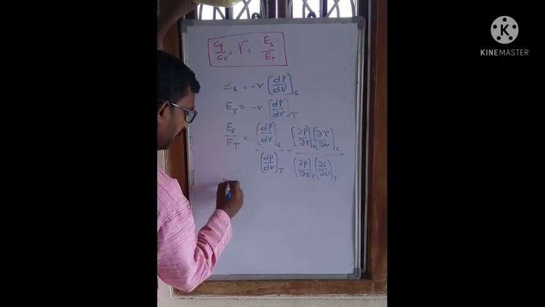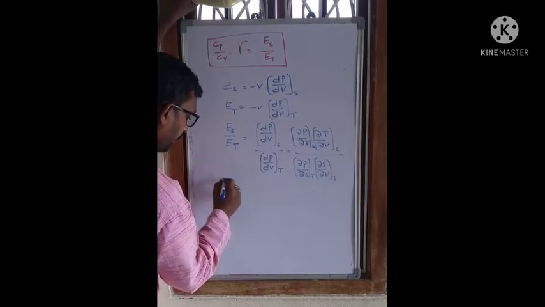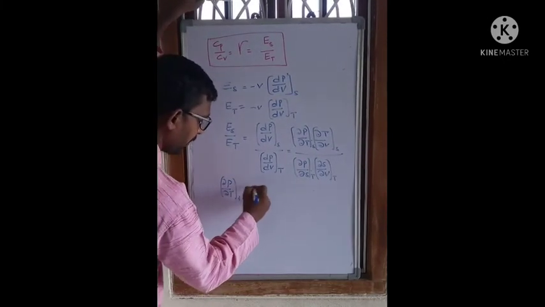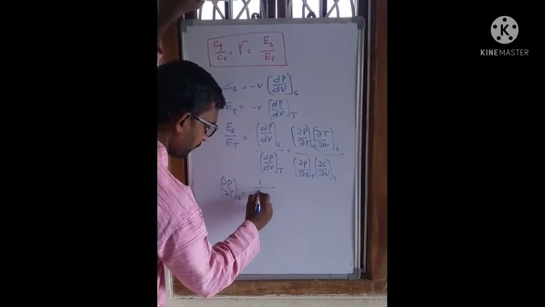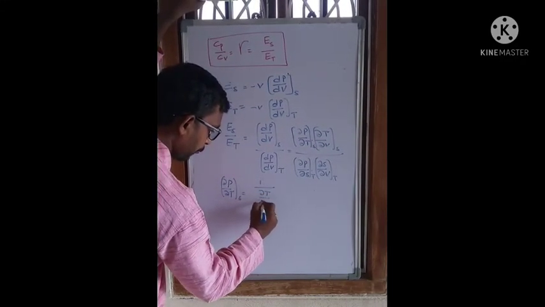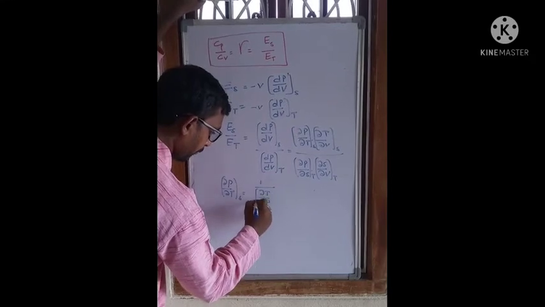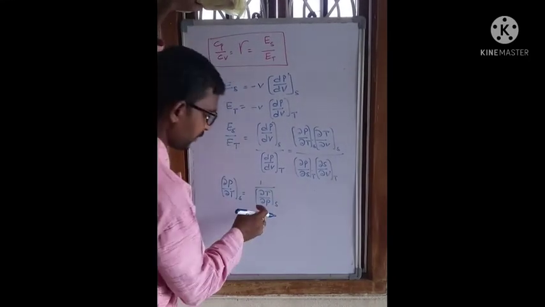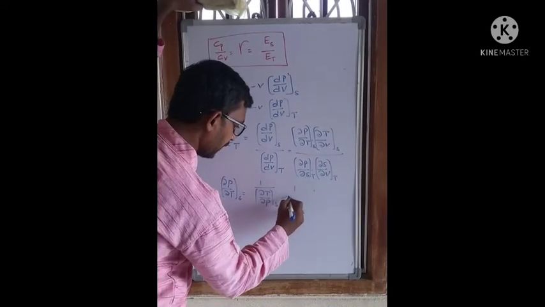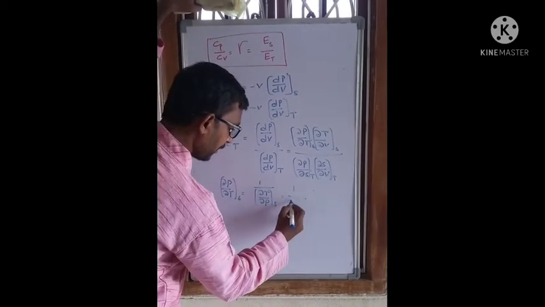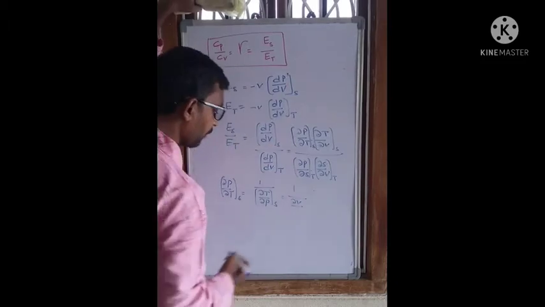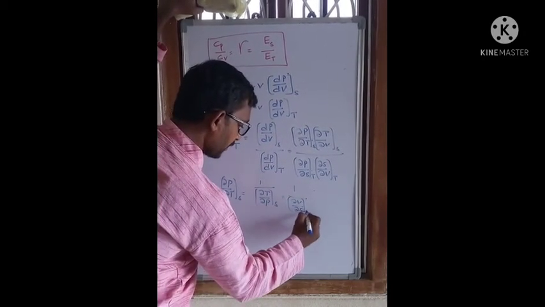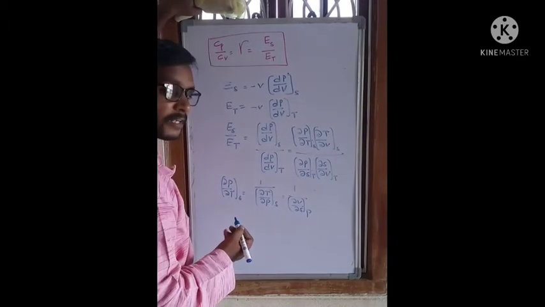Let us take the first one here. What is that? Dou P by dou T at constant entropy. See there carefully. This can also be written as 1 by dou T by dou P at constant entropy. According to Maxwell's law, this can be written as 1 by dou V by dou S at constant pressure.